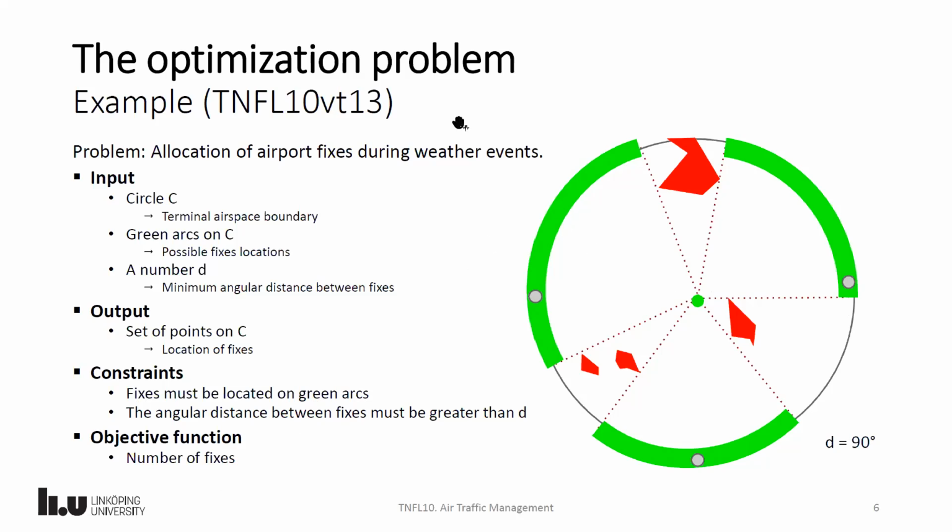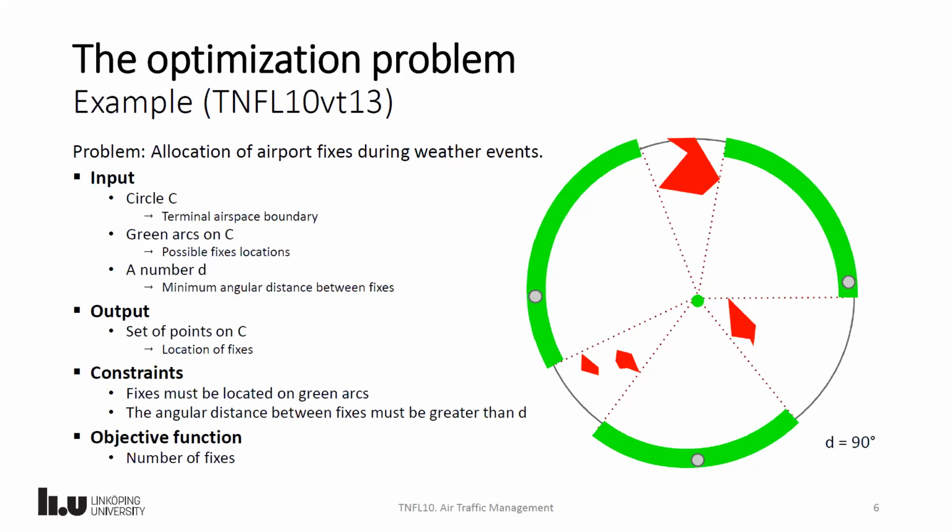Okay, a fix is a point in the trajectory of the aircraft that the aircraft has to pass through, maybe because an air traffic controller has told it to. They are usually located at the borders of different areas.